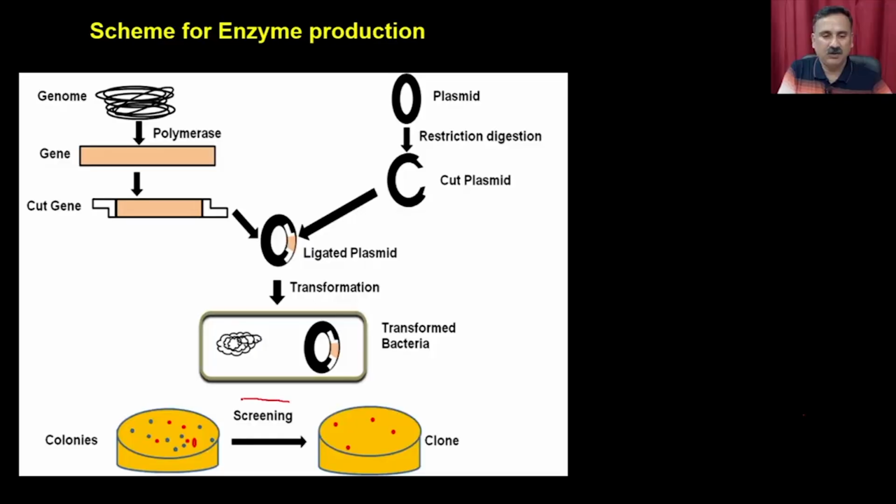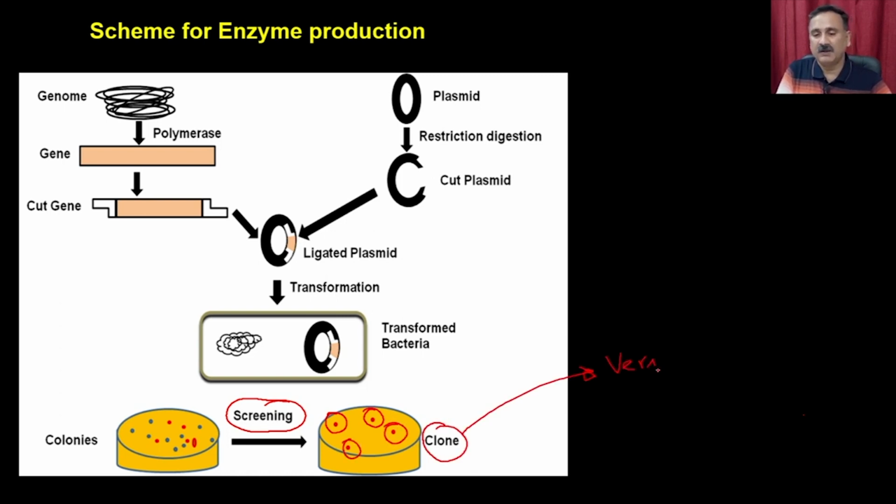What we have discussed so far is the screening of the clone, and now what you got is the recombinant clone present on the LB agar plate. Now the next question is how you can verify the clone.